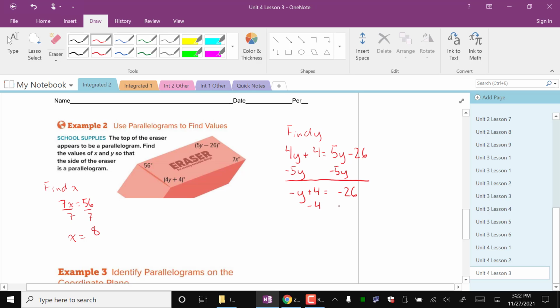Subtract 4 from both sides. That gives me negative y equals negative 30. Divide by negative 1 because you don't want a negative in front of your solution. So you get y equals 30. So y equals 30 and x equals 8.